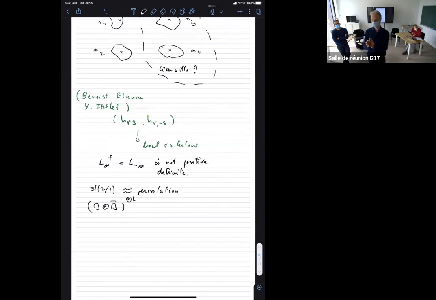But if you now replace, for example, SL2 by SL3, then there are perspectives for doing similar things. Instead of loop models, you will get bifurcating cubic graphs known as Kuperberg spiders. And you will get extended CFTs on the other side.